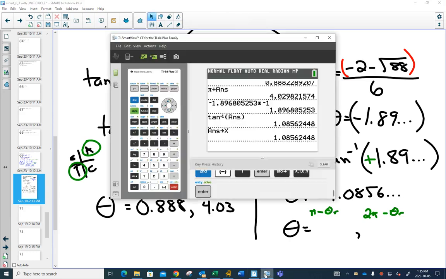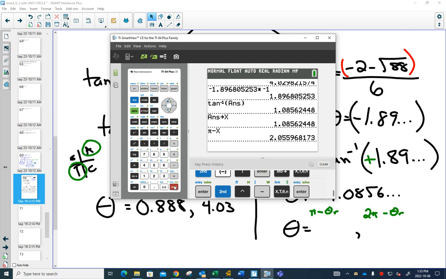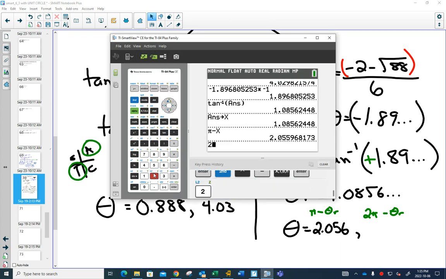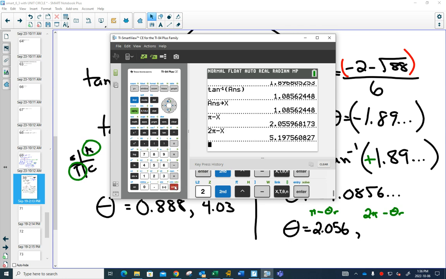So the reason storing it is nice is now I can just go pi minus x and push enter, 2.056. And the second one, I can just go 2 pi minus x, because I had stored it, 5.198.